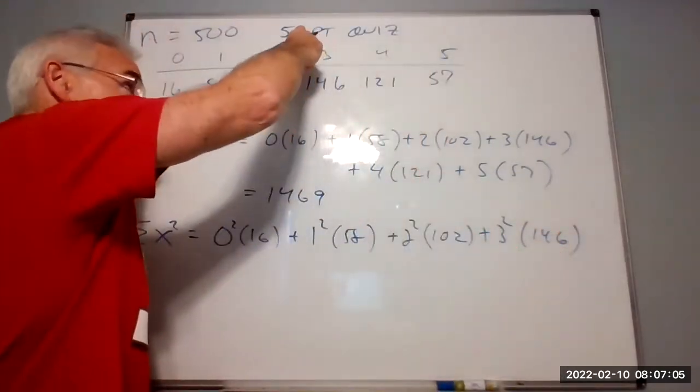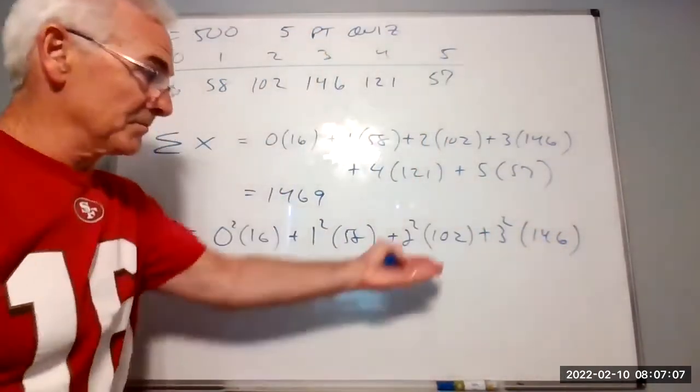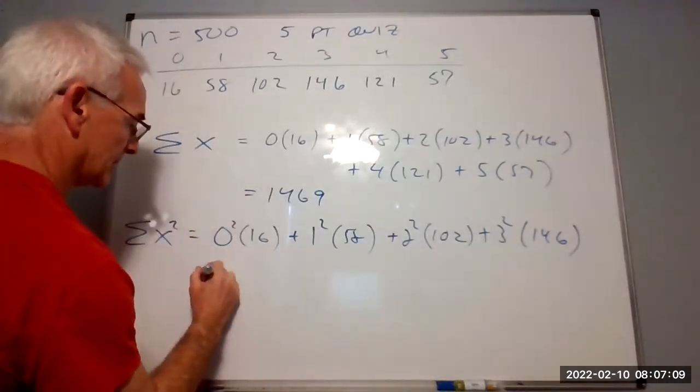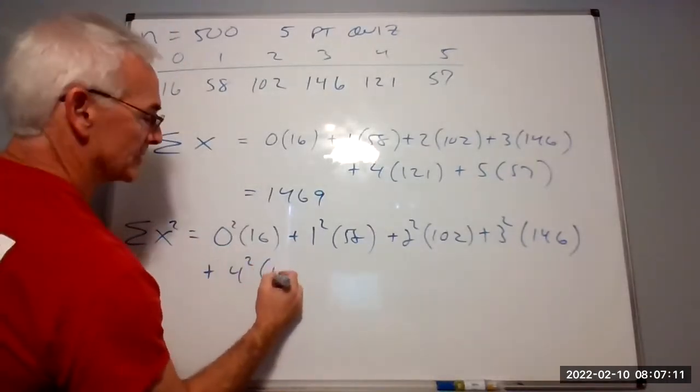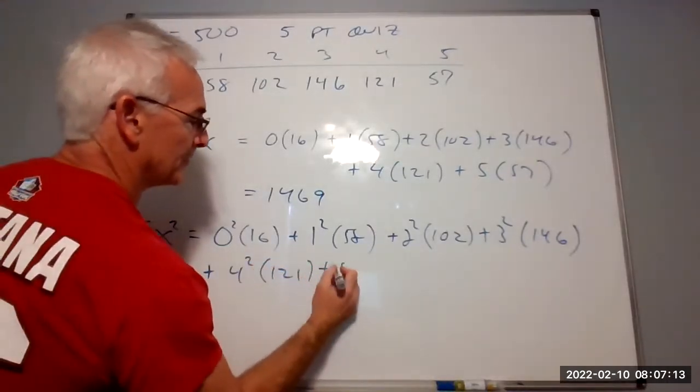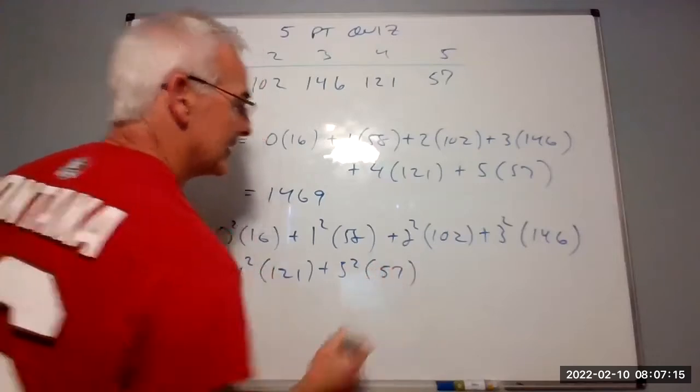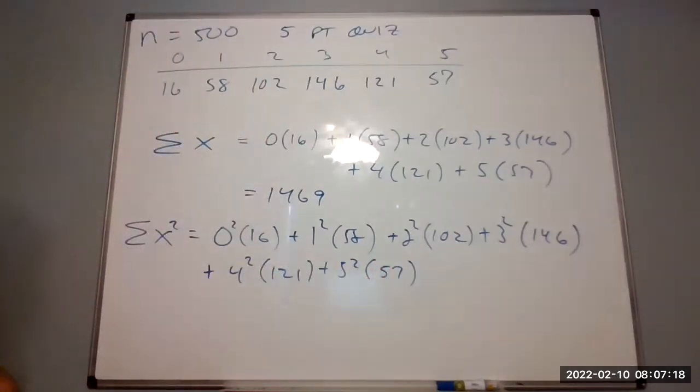I need to add up 3 squared 146 times, so let's just multiply 3 squared by 146. 4 squared times 121, and then 5 squared times 57. Again, let's use our calculators and see what we get. And I'm going to do it twice. I always do it twice.